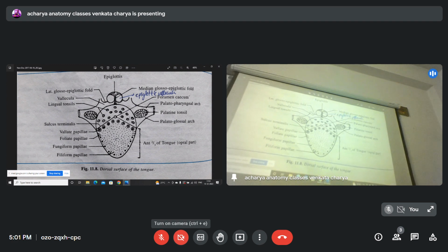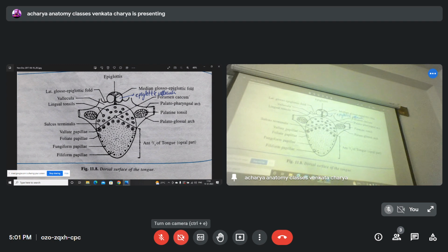It consists of two surfaces. Number one, the dorsal surface, and number two, the inferior surface.